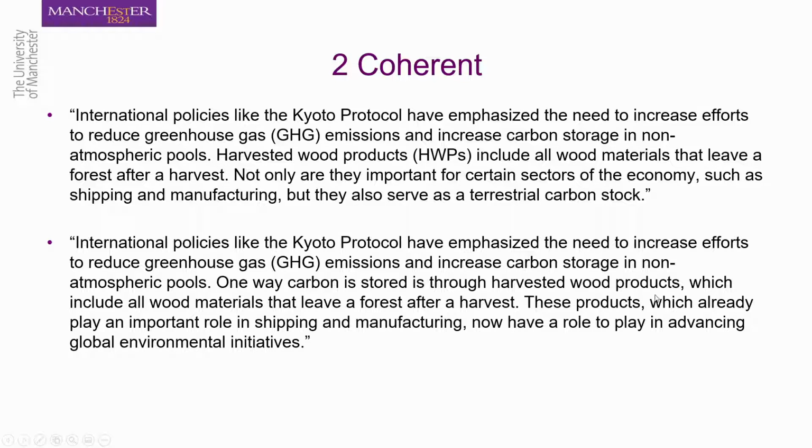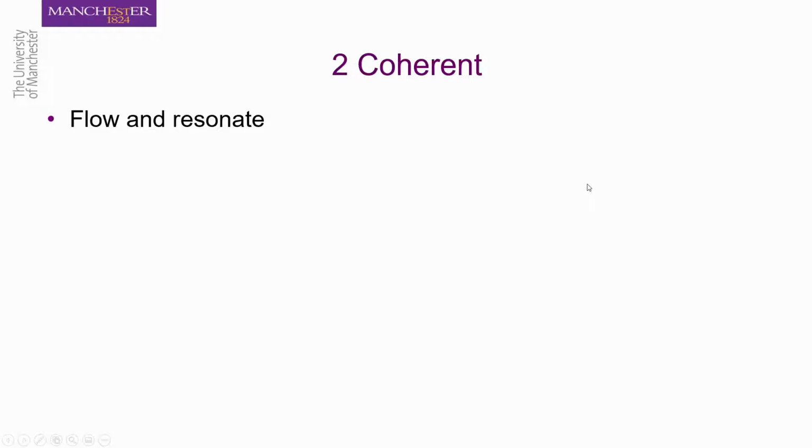And then you explain what they are, which include all wood materials that leave a forest after harvest. These products, which already play an important role in shipping and manufacturing, now have a role to play in advancing global environmental initiatives. That sounds a lot better than the first one, right? Everything makes sense.